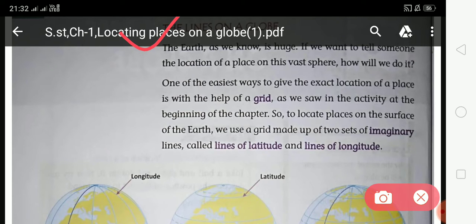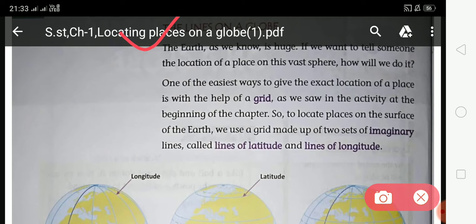The lines are for our understanding only and do not exist in real life.